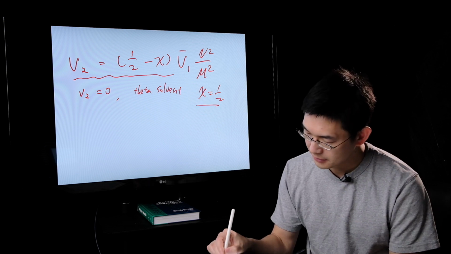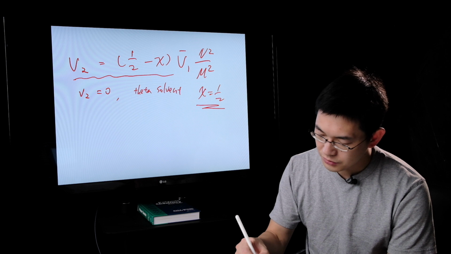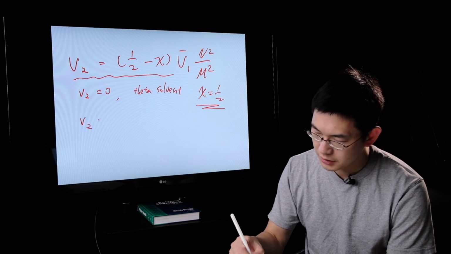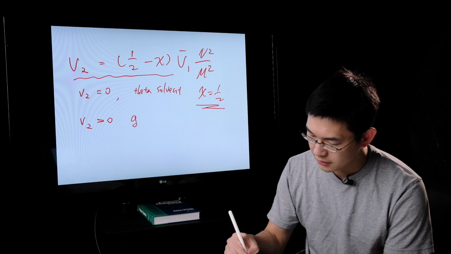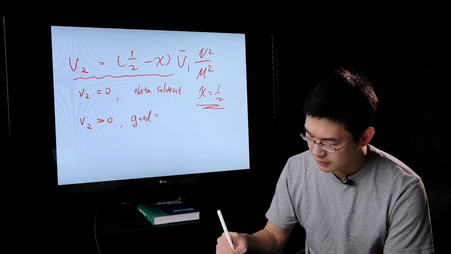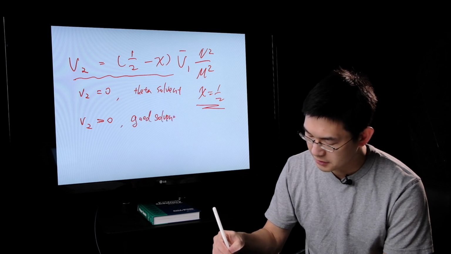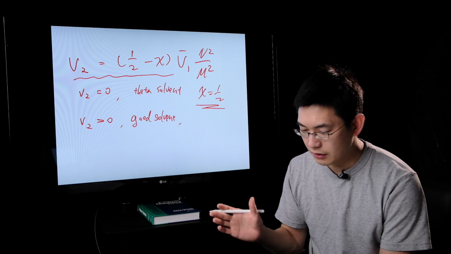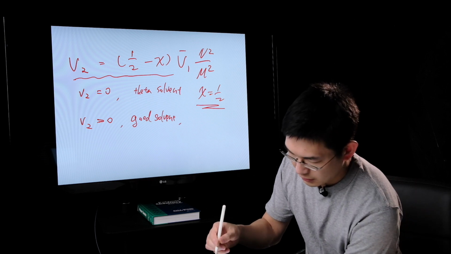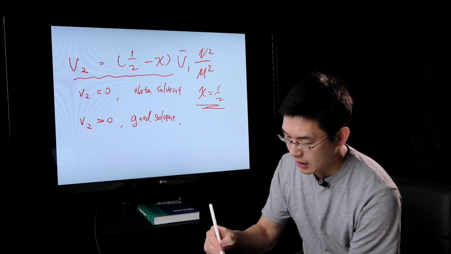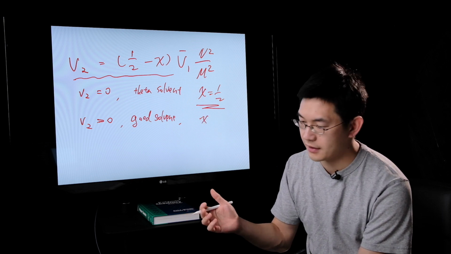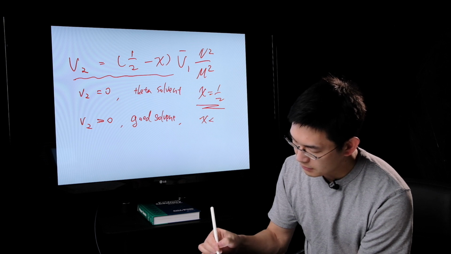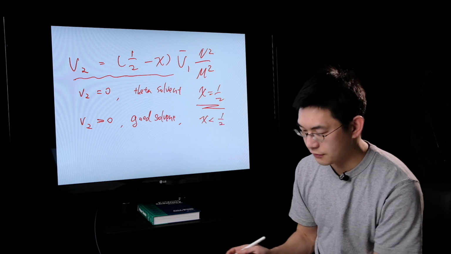In another case, V2 is larger than 0 if it's a good solvent, right? This is what we discussed in the last lecture. In this case, your chi, again referenced to 0.5, should be less than a half for a good solvent.